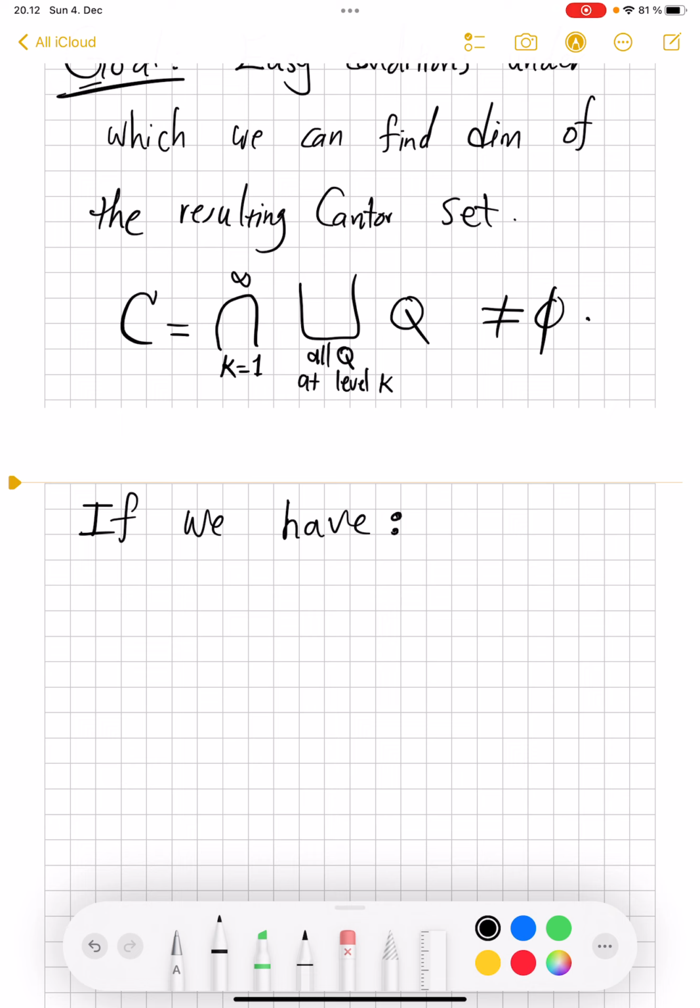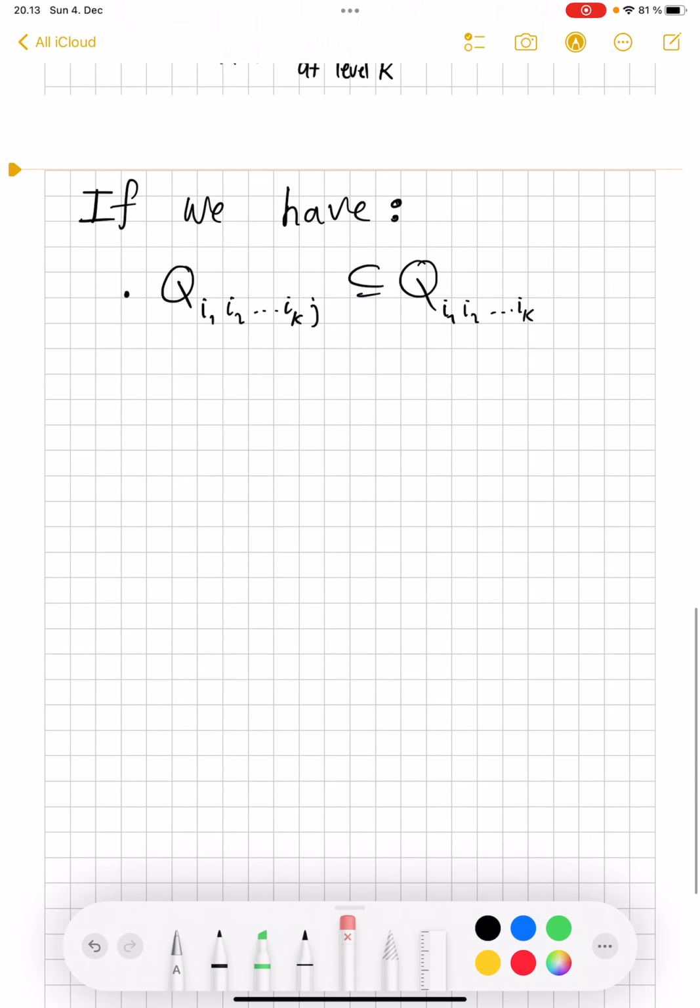Number one was already mentioned, that the next levels, so I1, I2, ..., Ik, and J is a subset of I1, I2, ..., Ik. So this index is always a subset of the previous one. Then the diameters go to 0, and that is expected from what we've seen in other constructions.